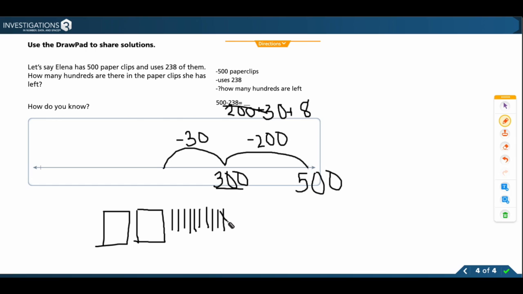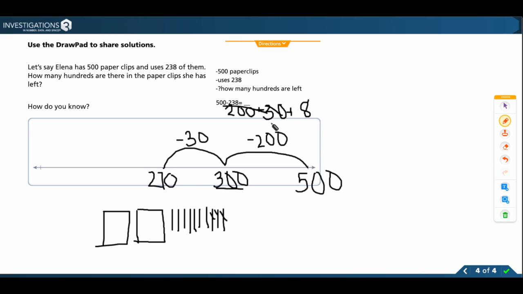So 10, 20, 30. So 300 minus 30 is 100, 200, 210, 220, 230, 240, 250, 260, 270. And all I did is just draw a picture and changed 100 into 10 tens because those are equal. And then I took away 30.